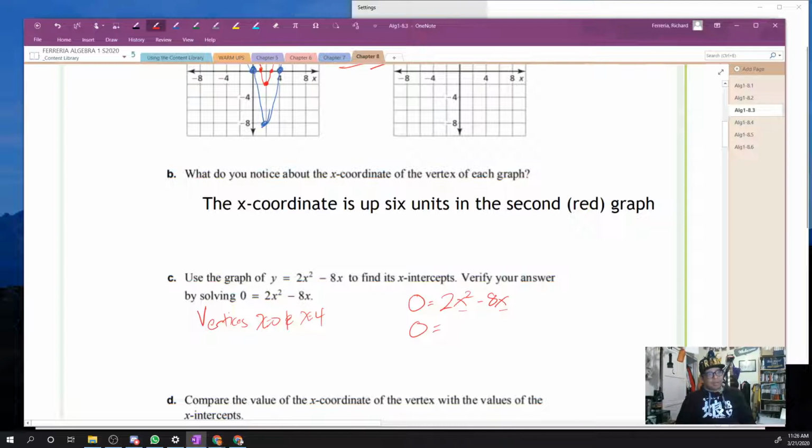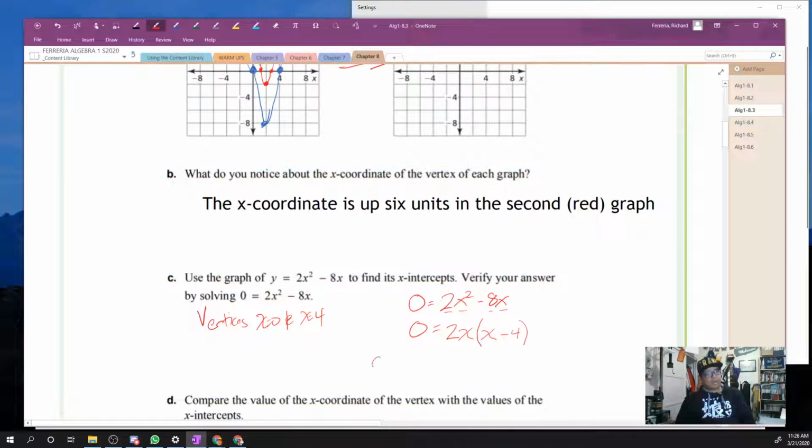The greatest common factor of 2 and 8 is 2, which is another way of saying that 2 will divide into 2, and 2 will also divide into 8. So I'm going to factor out a 2x, and if I divide this by 2x, I get an x, and if I divide this by 2x, I get 4.